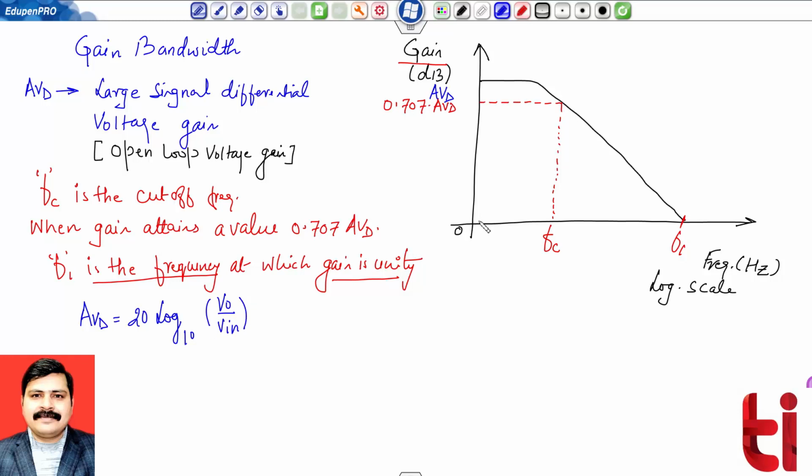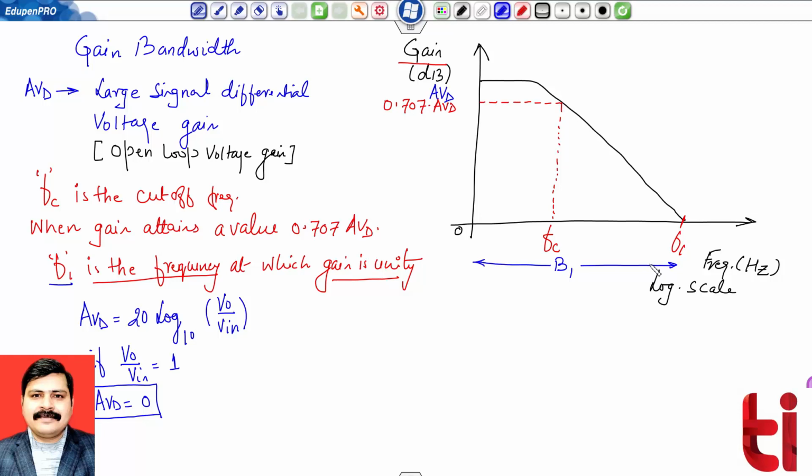At this point, if the ratio Vo upon Vin equals unity, then on the logarithmic scale the value of AVD will be 0, because log of unity is 0. So F1 is the frequency at which gain is unity, or we can define this in terms of bandwidth.